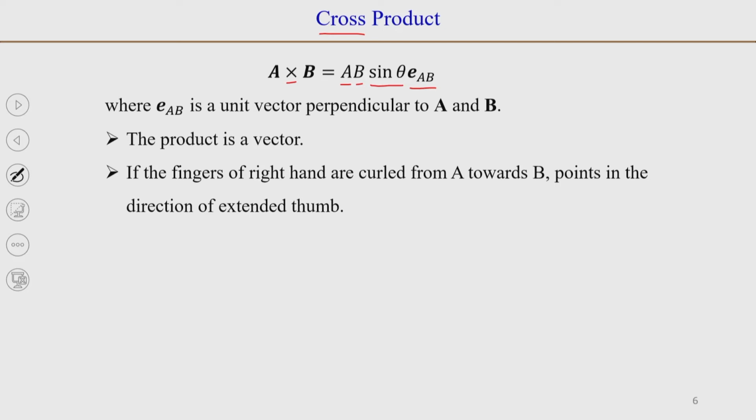So, the right hand thumb rule comes here: if the fingers of the right hand are curled from vector A towards vector B, then the resultant vector or the unit vector will point in the direction of the thumb. So, when you go from A to B, it will be pointing in this direction.